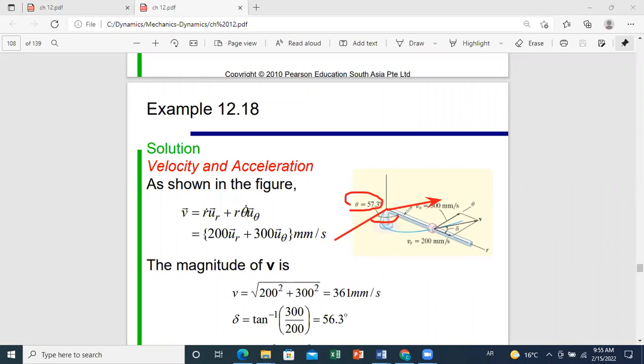And now you calculated the angle between UR and your velocity vector, which you named delta. So in total, the angle between the reference line and your velocity vector is theta plus delta. At this position, you have just to add these two angles to get the direction of your velocity vector. Any question on how we found the direction of V?